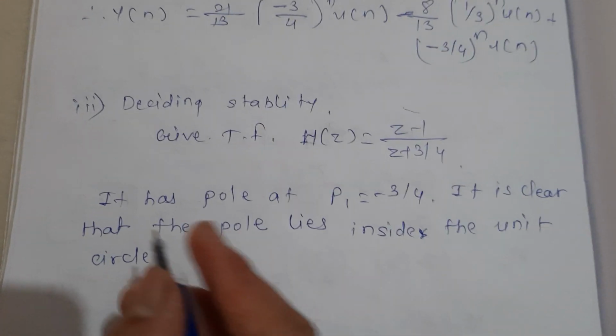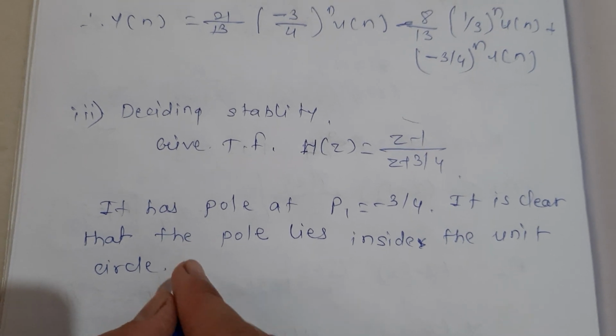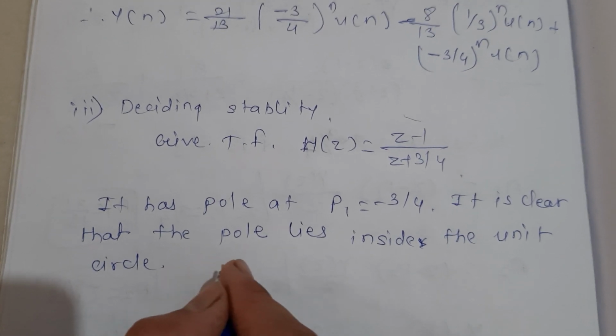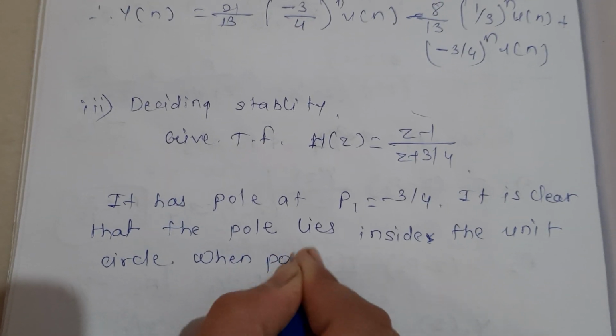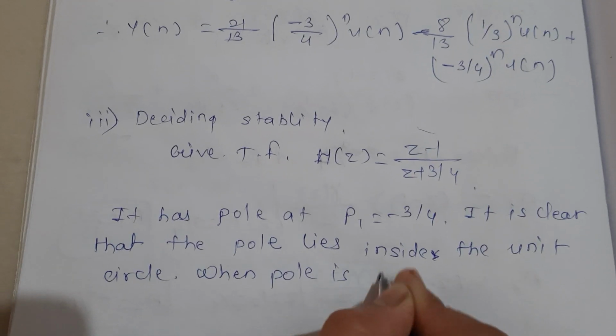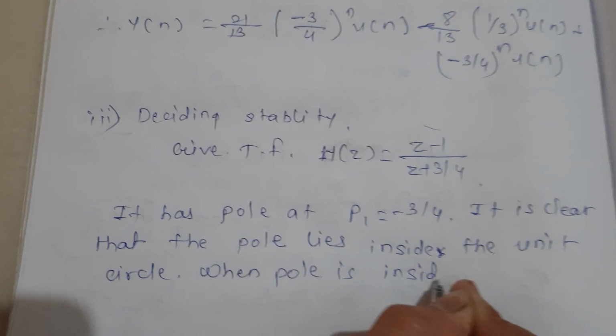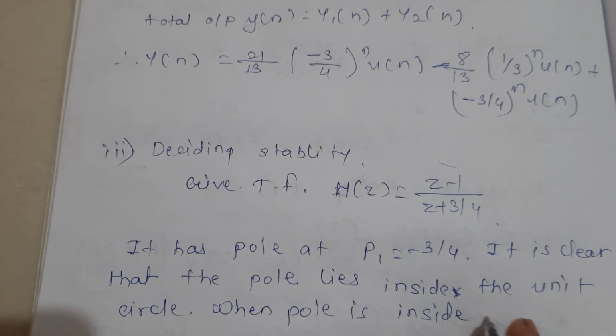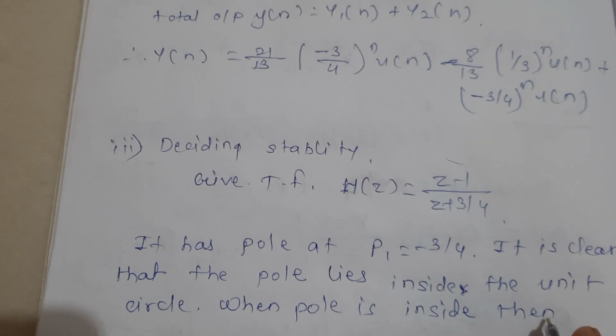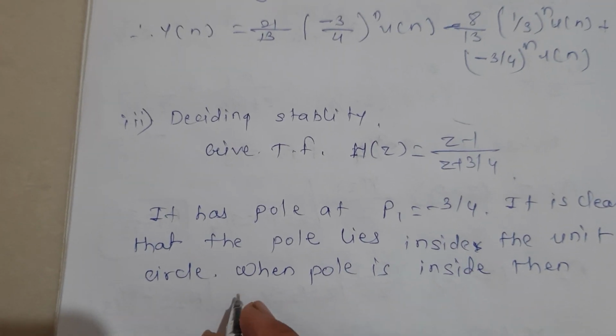When the pole is inside the unit circle, then the system is stable.